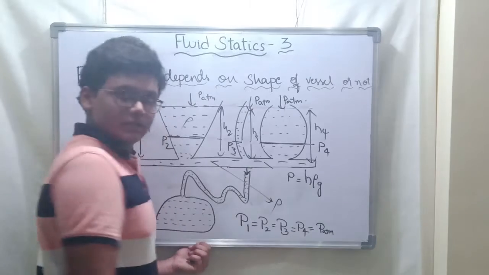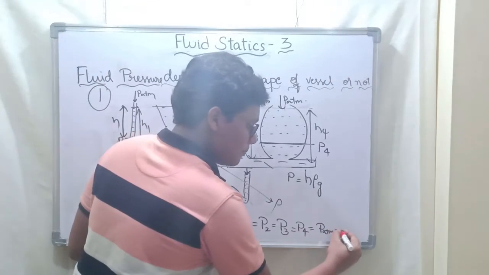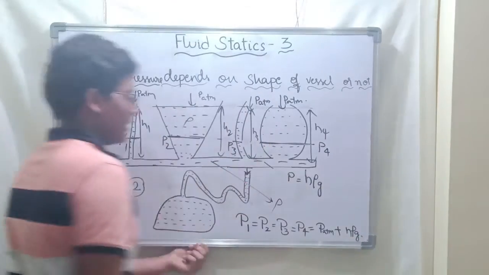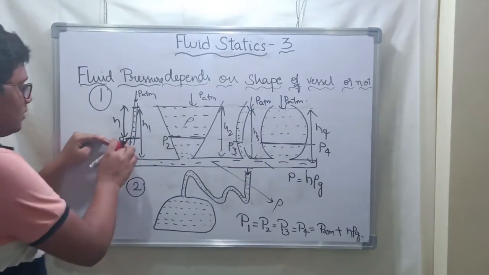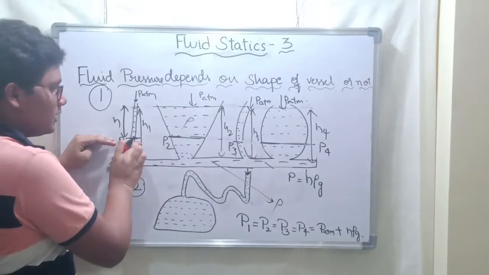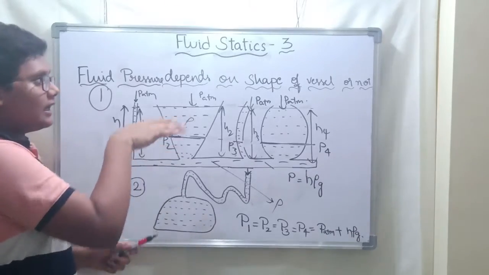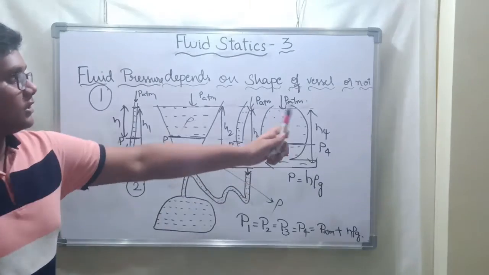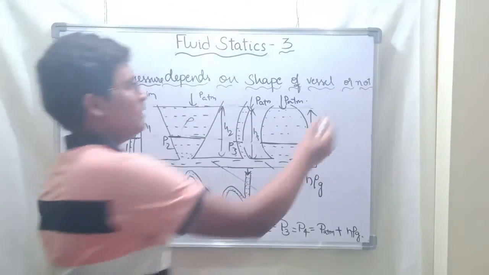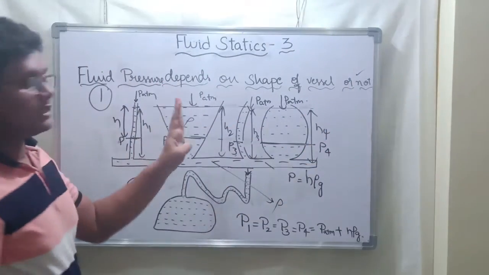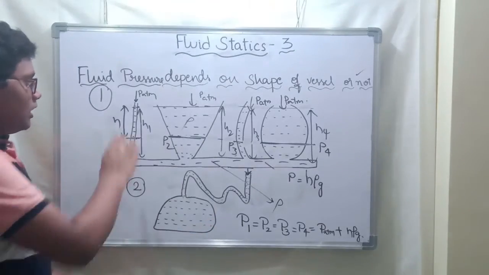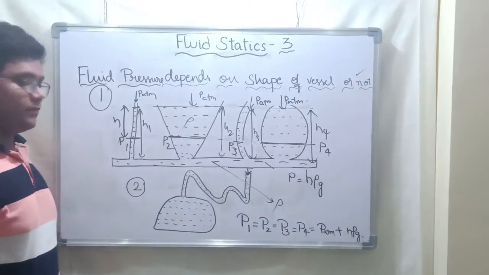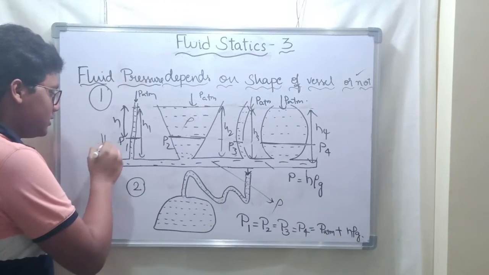In atmospheric pressure, I said that PATM plus H rho g is the pressure at this point. It means that fluid pressure does not depend on the vessel, it does not depend on the shape of the vessel. It depends on the height, density and gravity. G is acting downwards.